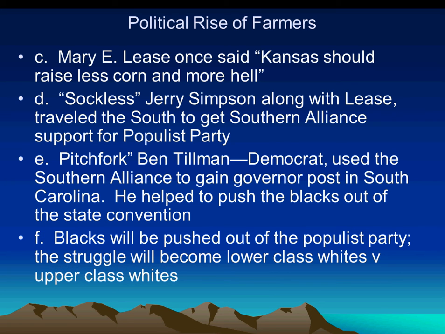Blacks will be pushed out of the Populist Party. The struggle will become lower class versus the upper white class, and that's how this will hurt the Populist Party, because a lot of these black voters will never support it, and also farmers in the South never really buy into the Populist Party, which was also going to hurt them.